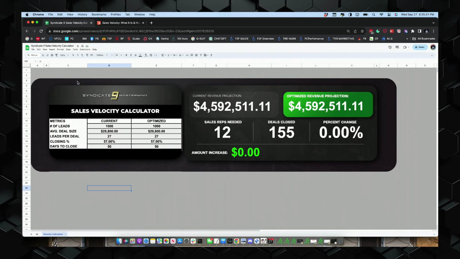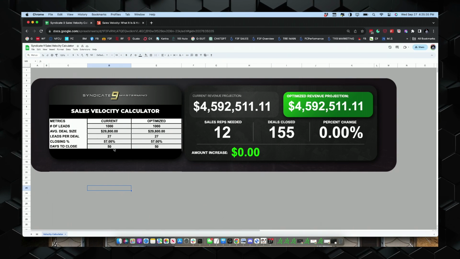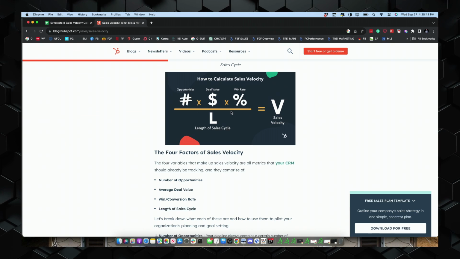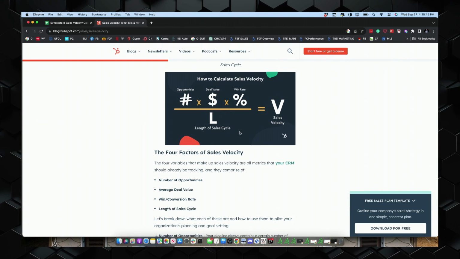All right, so what is the sales velocity calculator? What we're going to do is look at current KPIs. We'll talk about these KPIs in a second, and optimized KPIs. If you're not familiar with sales velocity, it's the speed of money, actually.